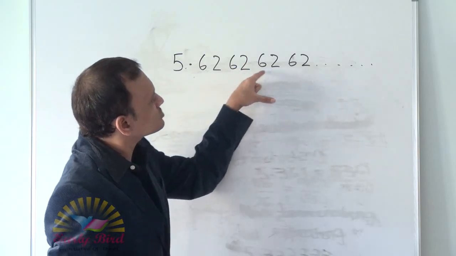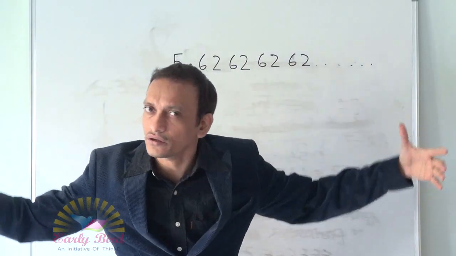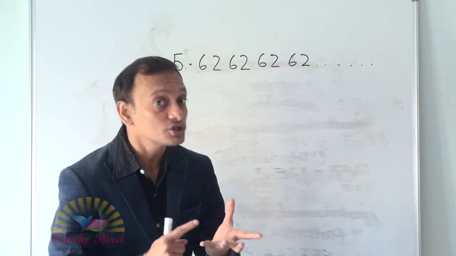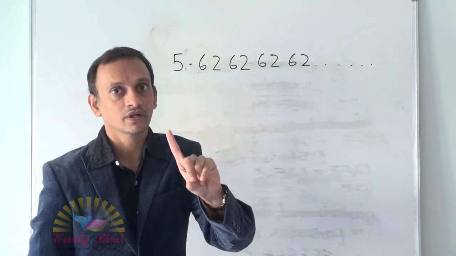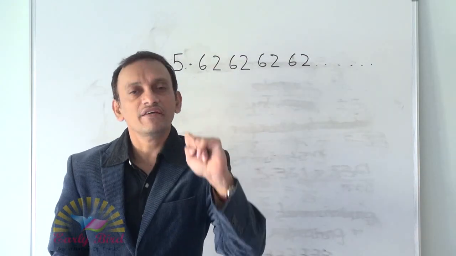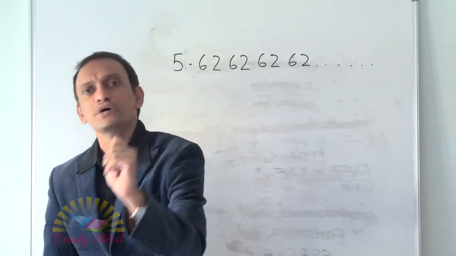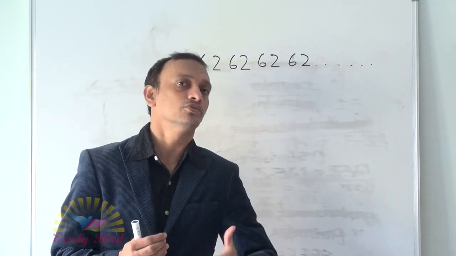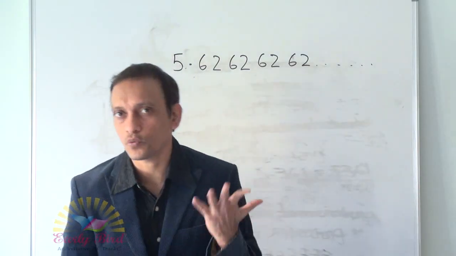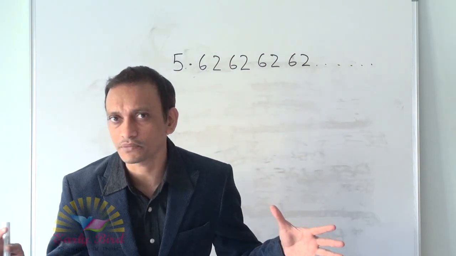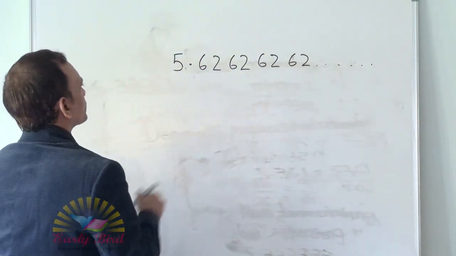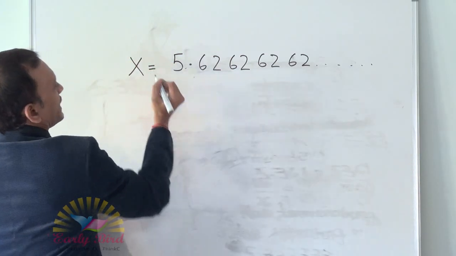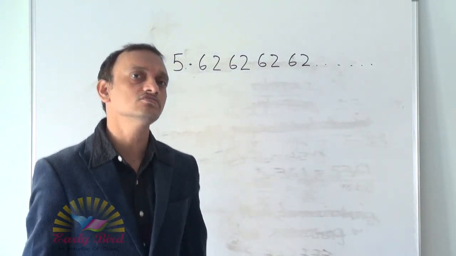This 626262 is till infinity. Forever it goes. It's an infinite chain of 62s. So it's not terminating but repeating. And I can guarantee you that every non-terminating but repeating decimal representation will reduce to a ratio of two integers no matter what, and therefore will be a rational number always. This, for example, let me call this x. 5.626262 forever.